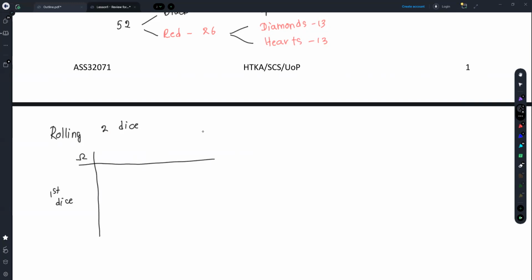There are 6 possibilities for the first dice and another 6 possibilities for the second dice. So here's the first possibility, 1, 1. There is 1 from the first, 1 from the second. 1 from the first, 2 from the second. Likewise, you can write the sample space.